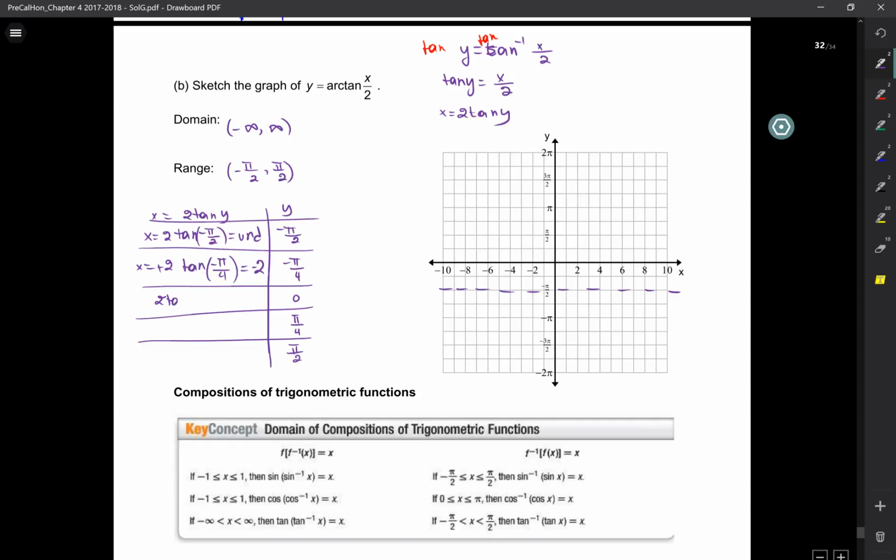Now, 2 tangent 0 is just 0. 2 tangent pi over 4 is 2. 2 tangent pi over 2 is undefined. Pi over 2, sorry, is undefined. So at pi over 2, I also have another asymptote. Now, at negative pi over 4, we are at negative 2. At 0, we're at 0. And positive 2 here.